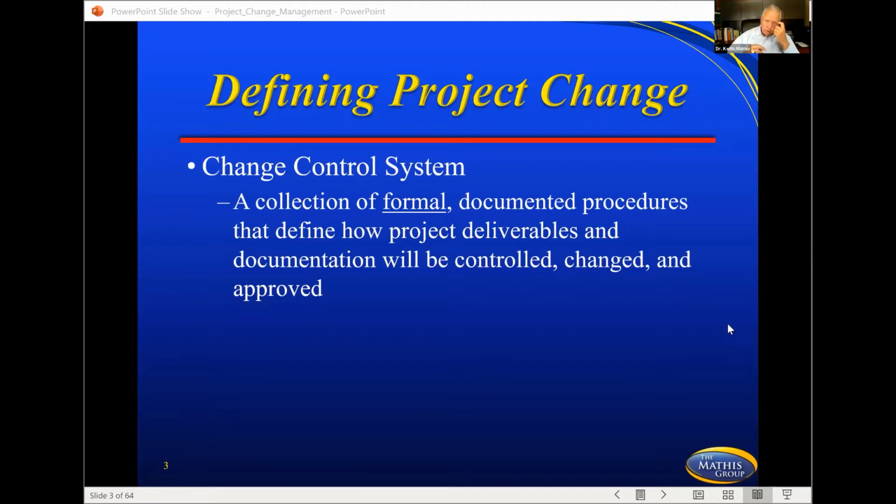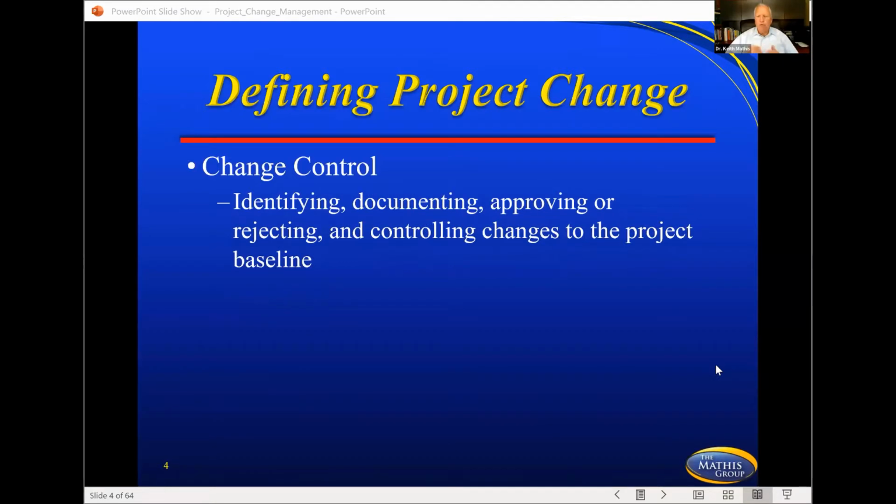For another project, it might need to be very detailed and step-by-step. But it's a collection of formal documented procedures that define how project deliverables and documentation will be controlled, changed, and improved. Now, what you maybe have noticed is that many times your documentation procedures and your change control process might be much more formal if you're dealing with a contractor than if you're doing it inside or internal.